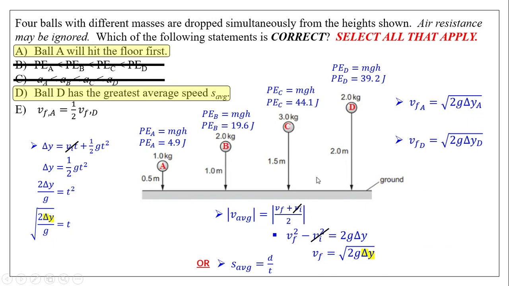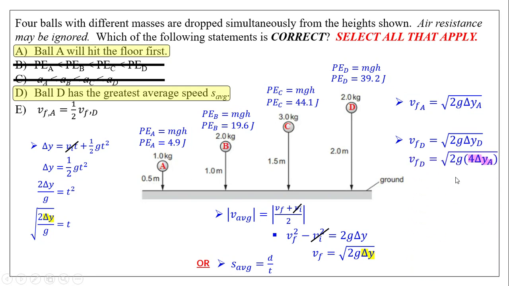If you look at A, it is 0.5 meters off the ground. D is 2 meters off the ground. Well, I would say that D is 4 times the distance. Why? Because 0.5 times 4 is 2.